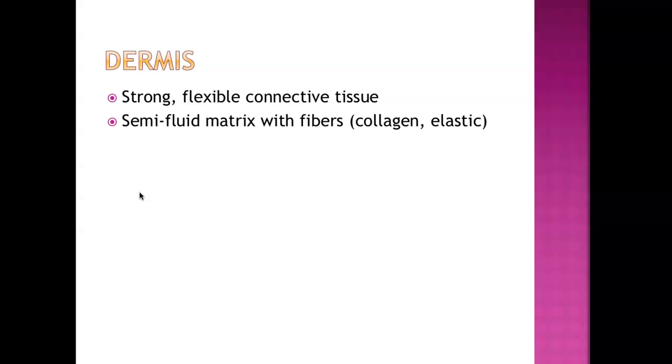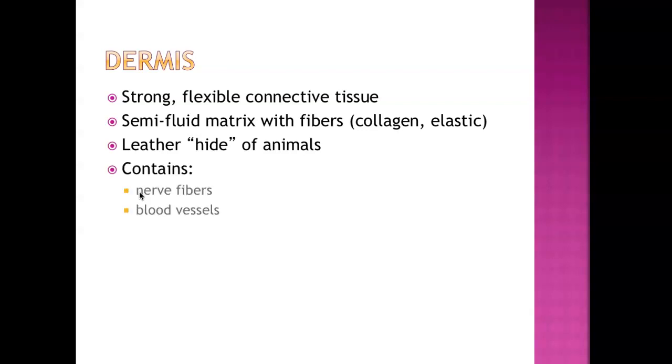And it's kind of like the semi-fluid matrix, where it's kind of cushiony and has fluid in it, but it's got this matrix of collagen and elastin fibers that's going to make it really strong and tough. And when you think of leather hide of animals, so if anyone makes a purse out of a leather hide, that's the dermis that they're actually making it out of. So you can think of it as being a really tough, kind of soft and flexible, but really tough layer.